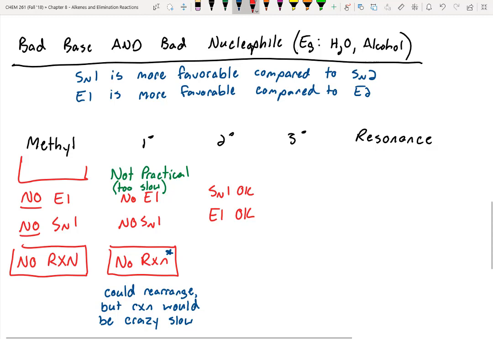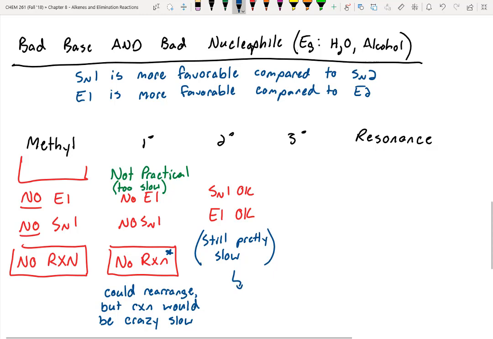Yeah, so let's make a little note on this. Still pretty slow, and oftentimes people will say, yeah, these can occur, but they're just going to be kind of sluggish, right? Because the rate limiting step is the formation of a secondary carbocation. What will likely occur to that secondary carbocation?